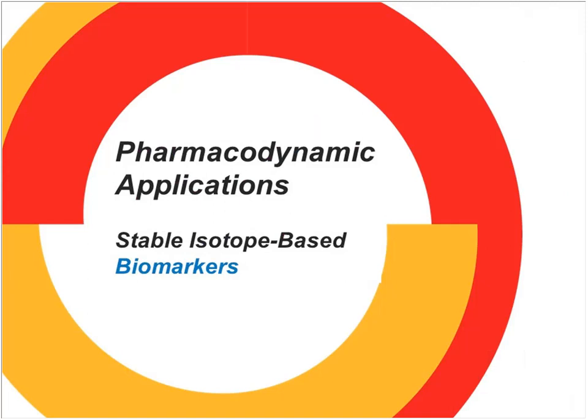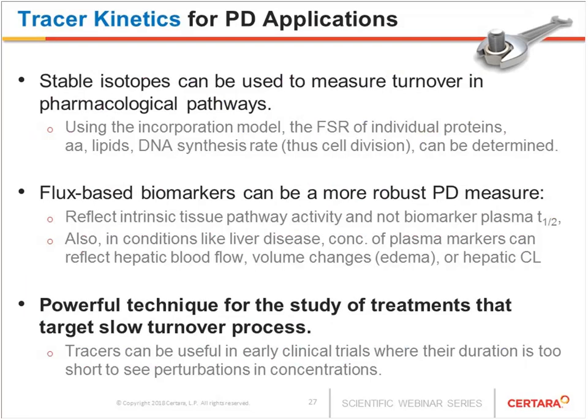Now, moving to the next section, which is the pharmacodynamic applications of stable isotope-based biomarkers. And indeed, tracer kinetics, as we have already mentioned, obviously have applications when trying to learn something about bodily substances like amino acids, lipids, even DNA, and so on and so forth.